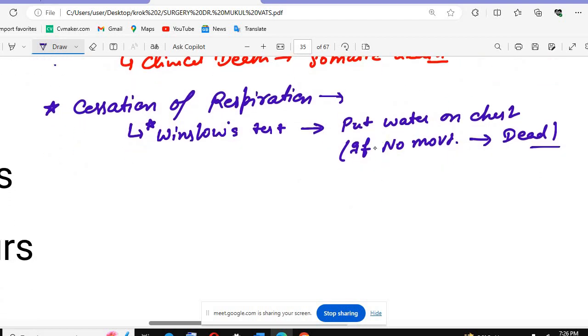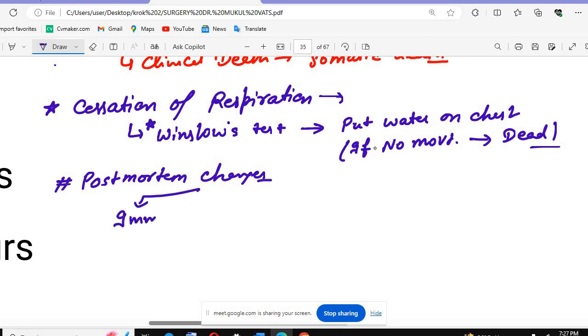After that they will ask you about postmortem changes. Partum means delivery, mortem means death. Postmortem changes can be immediate, meaning they come right away after death, then early, and after that there will be late changes.